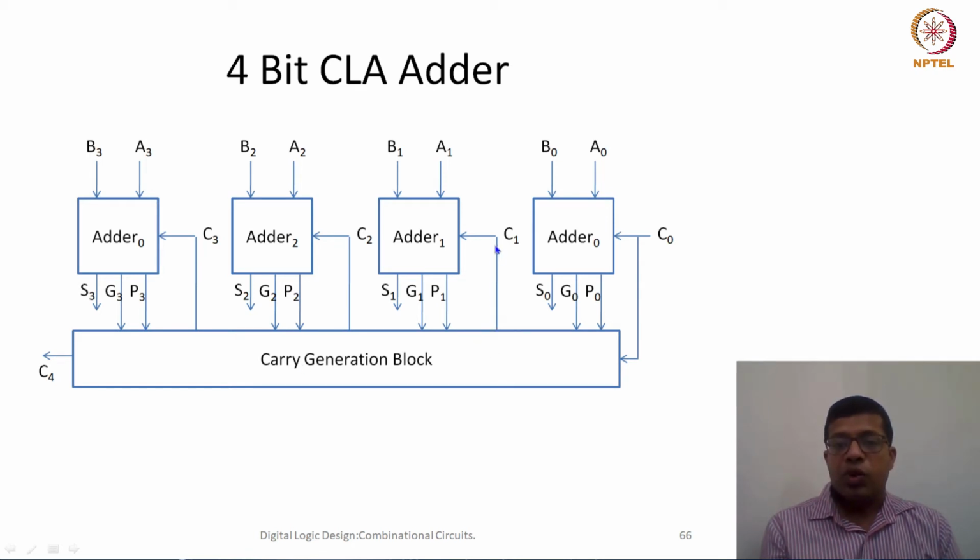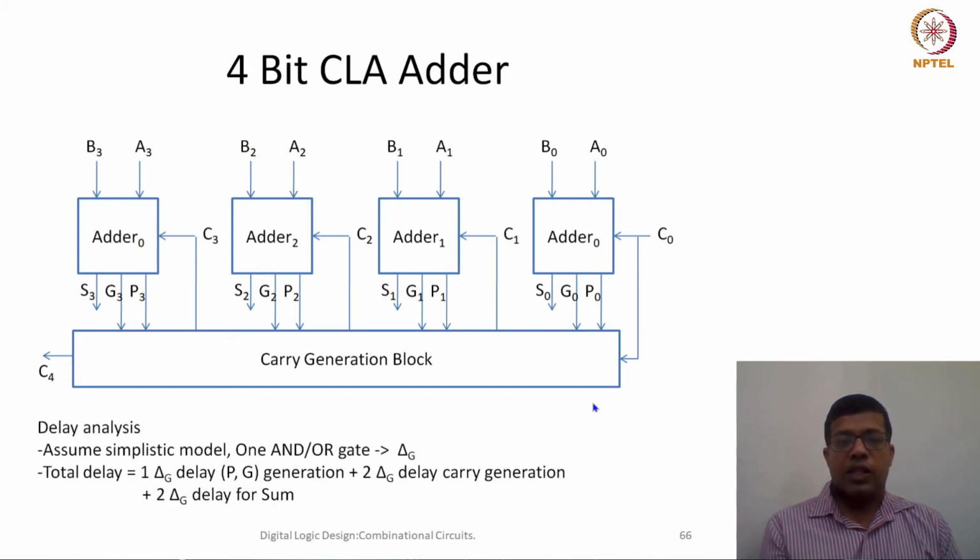Now C1 would be given as input to adder 1, C2 would be given as an input to adder 2, C3 would be given as an input to adder 3. This way we would be able to design it structurally, and we can also model it in Verilog in a similar way.